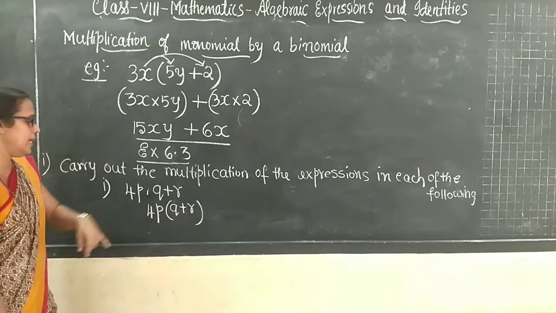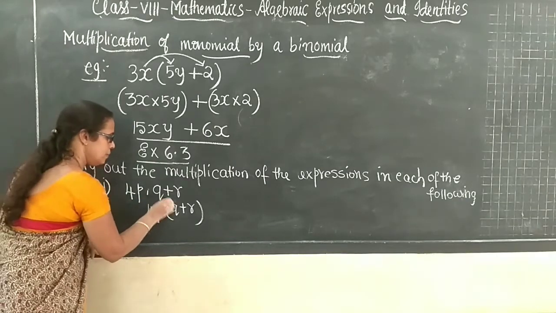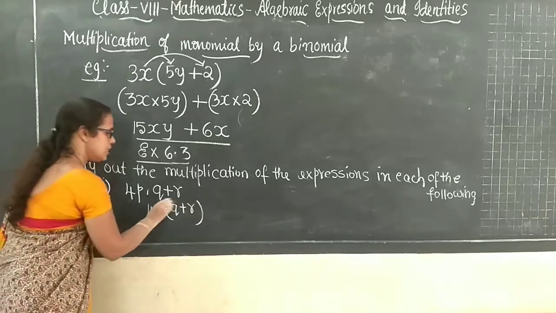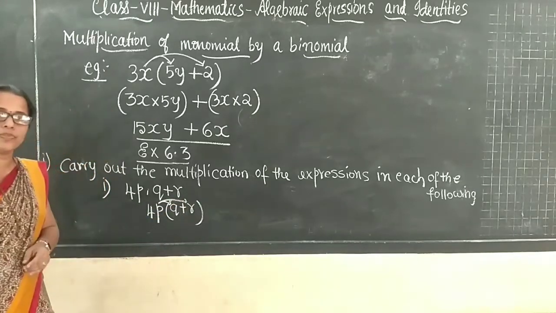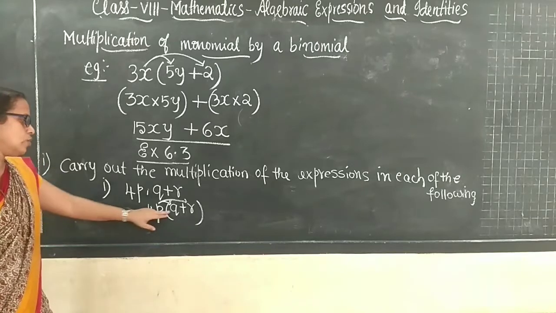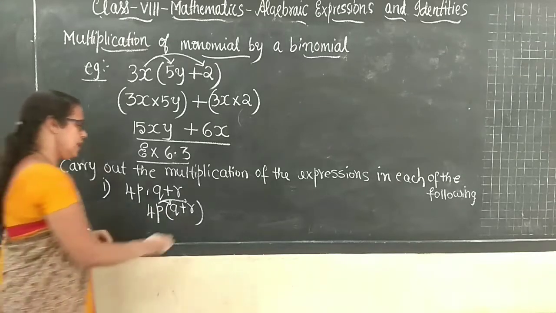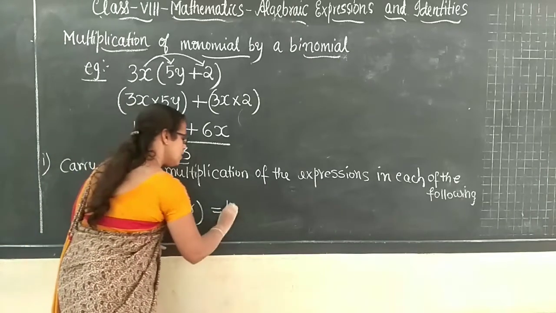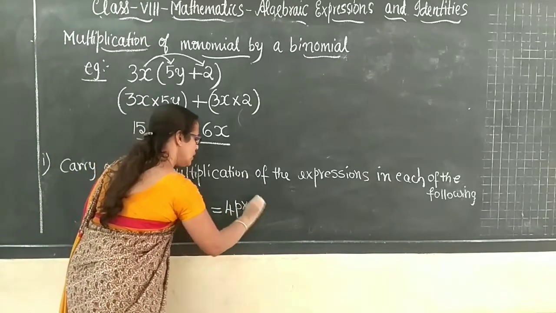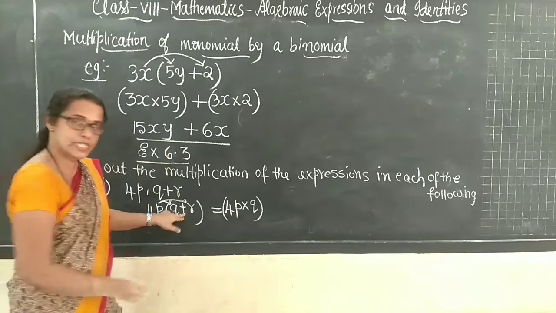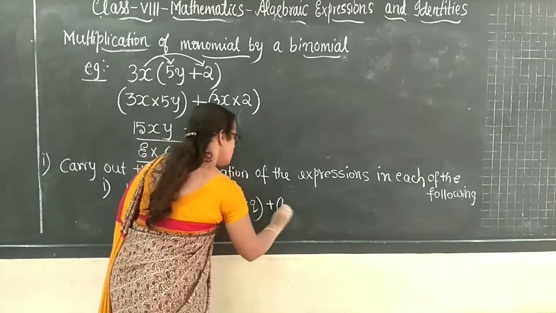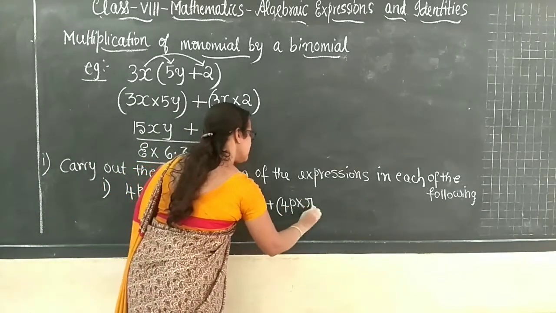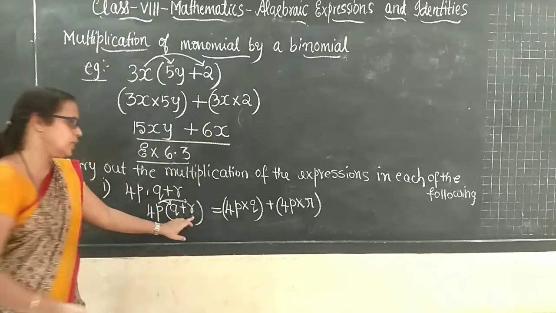While multiplying, you have to multiply the first term into the first term and into the second term. So 4p into q plus 4p into r.